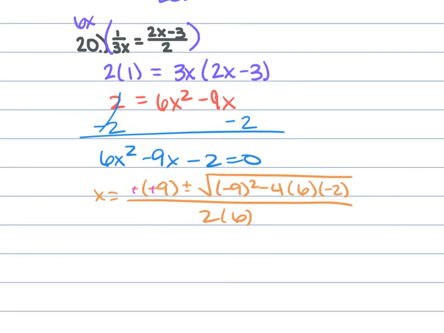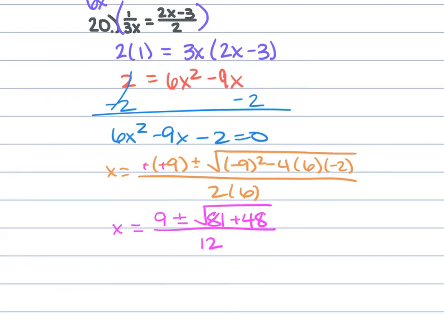So this is going to leave us with a positive 9 plus or minus the square root of 81. The 6 and the negative 4 and the negative 2 are a positive 8 times 6 is 48. So 81 plus 48 underneath that radical. And this is all going to be over 12.